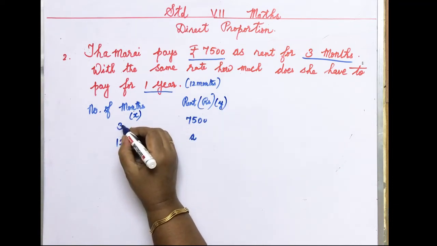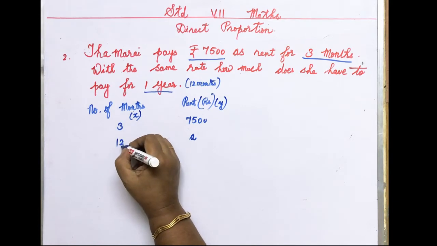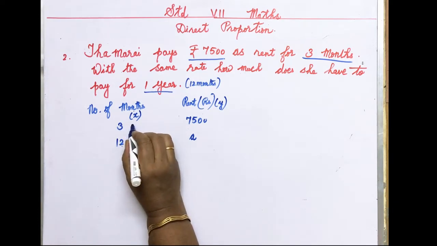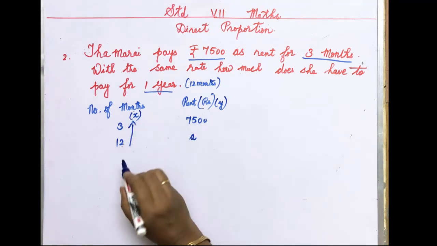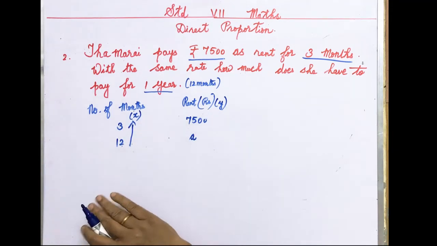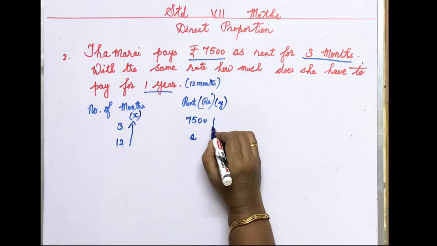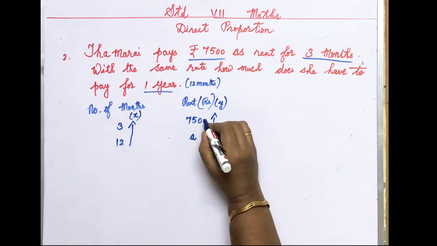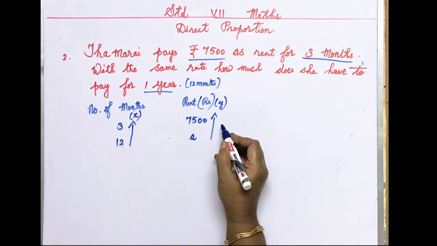Now the number of months increases from 3 to 12. So that means the number of months increases. If the number of months increases, will rent increase or decrease? Rent will increase. So if one quantity increases, the other quantity also increases.